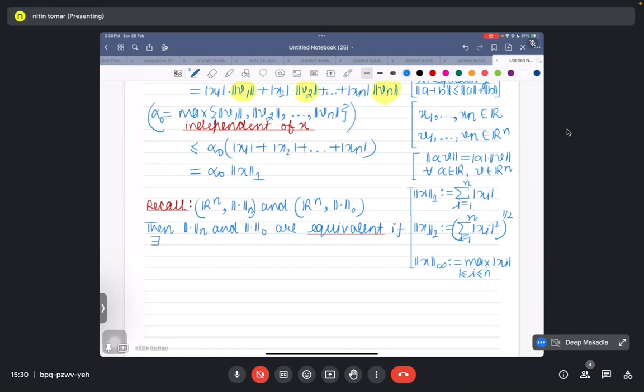there exist m1 and m2 strictly greater than 0, such that norm x, this old norm, is less than or equal to the new norm, which is less than or equal to m2 times it. Basically, these two norms bound each other.